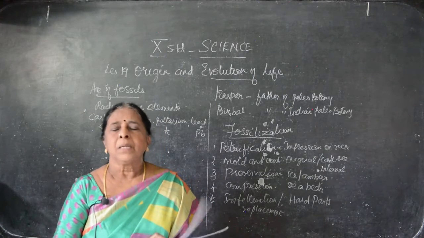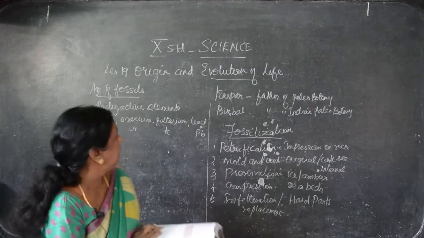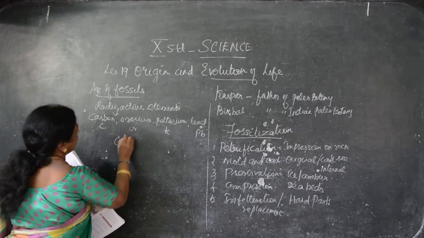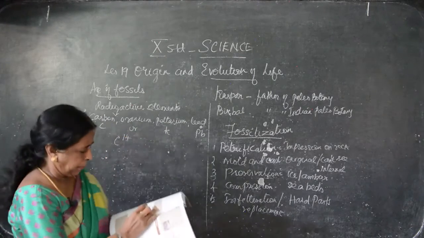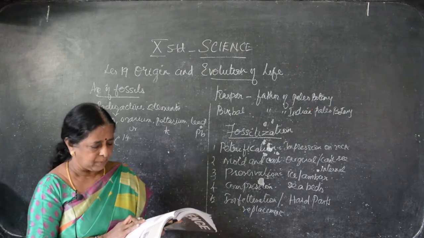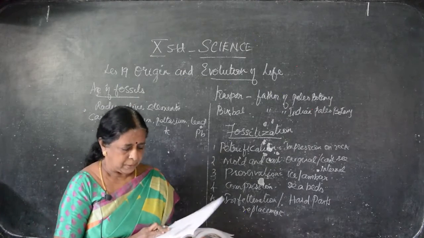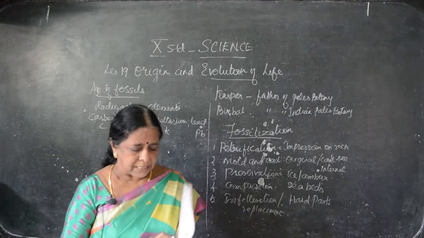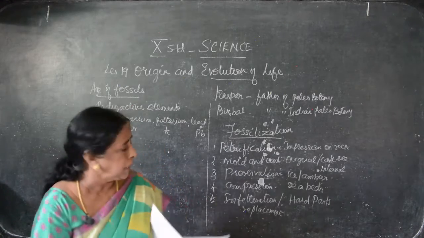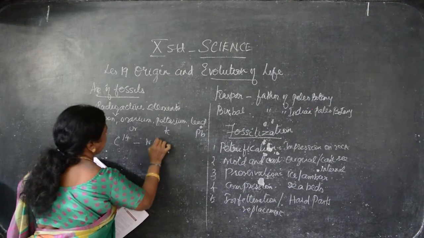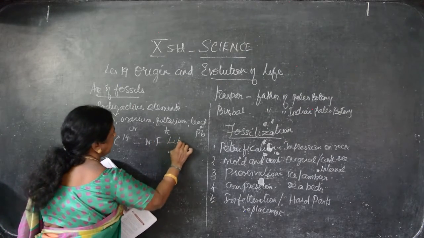Even though we use all the radioactive elements, the most important one to find out the age of fossilization is carbon-14. Carbon-14 is the radioactive element which finds out the age of fossilization. This carbon dating method was found by W.F. Libby.